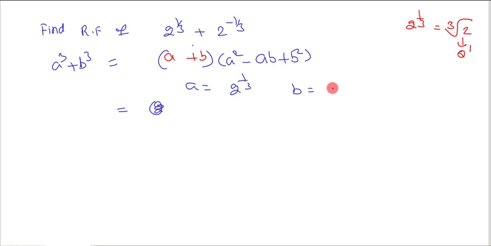In the place of B, we can substitute 2 to the power of minus 1 by 3. So the rationalizing factor of A plus B gives you A square minus AB plus B square.